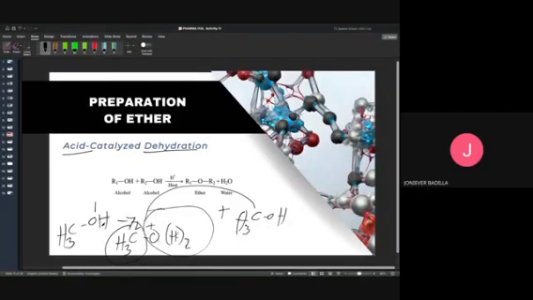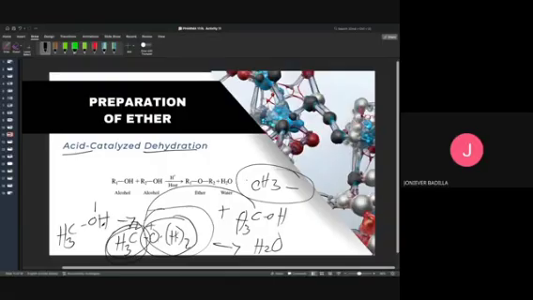H2O, H sub 2 oxygen. So what will happen with your CH3? Ultimately, it will have to be liberated. So since your water molecules from the protonated oxygen will form already your water, what is left here would be your methyl group.